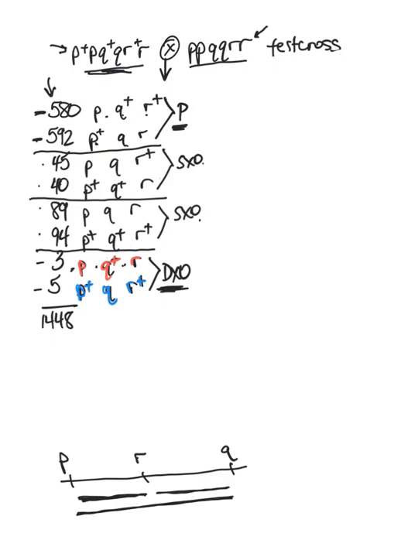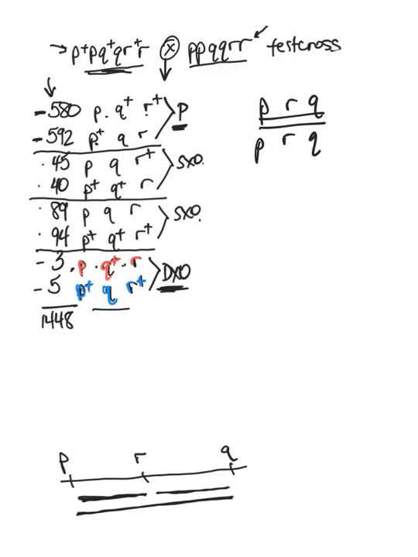Okay, and to do this really quick, I'm going to go back to the same thing I did to figure out the order. I'm going to take my parental types, and remember that the way they're written here is in the wrong order now. So I want to make sure that I write my genes in the correct order, P, R, Q. I'm going to take my parental types in the right order.